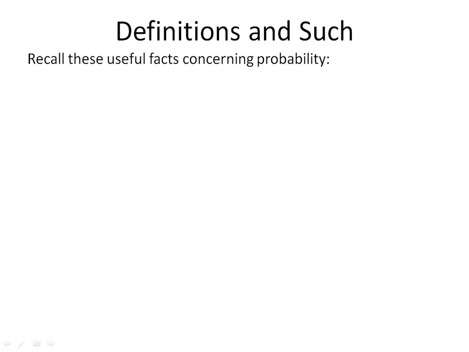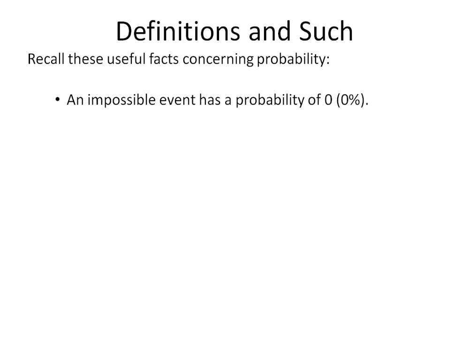Okay, these are some useful facts concerning probability. This is true in all probability problems, whether they deal with geometric areas or just an algebraic computation. An impossible event has a probability of 0, which correlates to 0%.